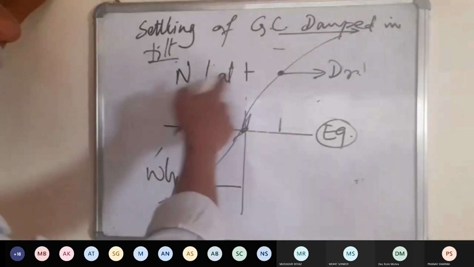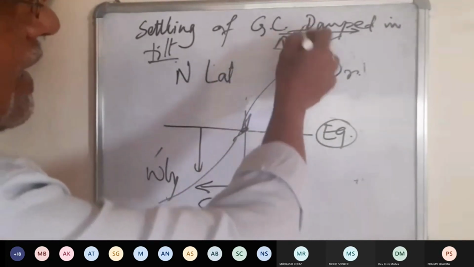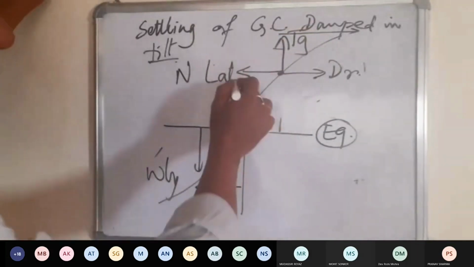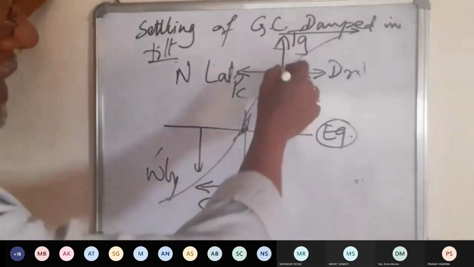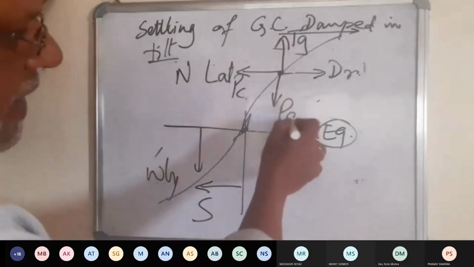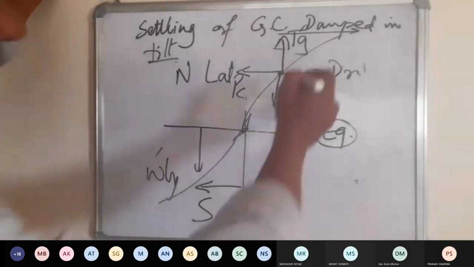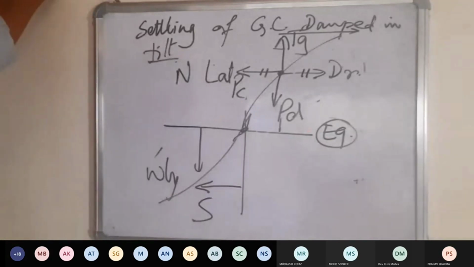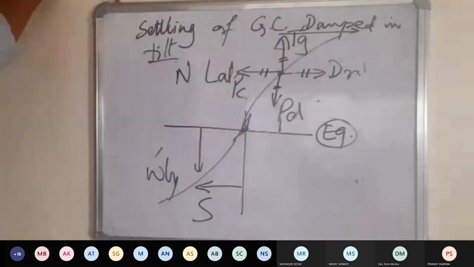ड्रिफ्टिंग को अपोज करने के लिए जो हमें कंट्रोल प्रिसिशन चाहिए, विच इज कमिंग फ्रॉम टिल्टिंग, दिस टिल्टिंग प्रोवाइड्स अस विद अ कंट्रोल प्रिसिशन PC, और इसके साथ साथ TG के साथ एक PD भी डेवलप होती है. The DR is neutralized by PC and the tilting is neutralized by PD.